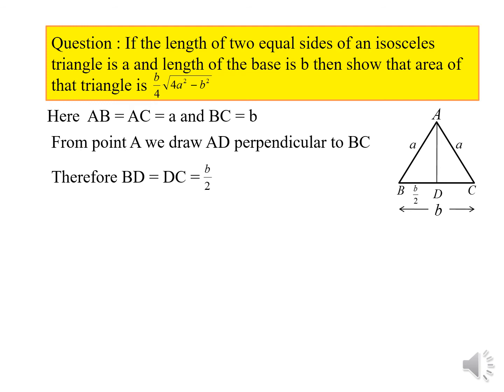Similarly here also we will find the length of AD, and finally the area of this triangle will be half into base into height, that is half into BC into AD. So similarly, from the right angle triangle ABD, according to the Pythagoras theorem, we can write AD square is equal to AB square minus BD square. Here the value of AB is a.